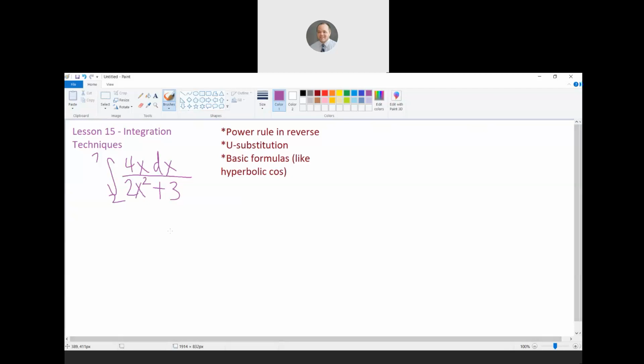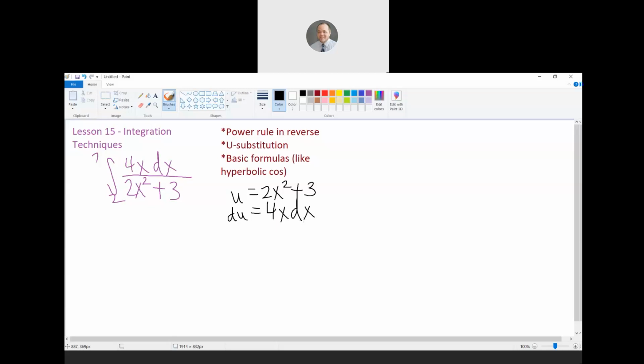So I'm going to let u equal 2x squared plus 3, and then take the derivative of both sides. So we have du equal to 4x dx.